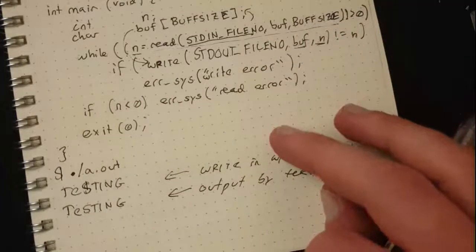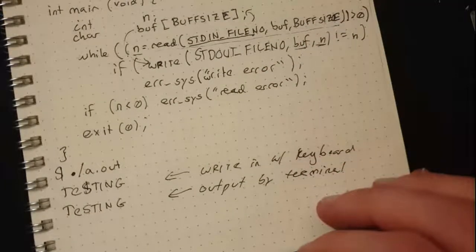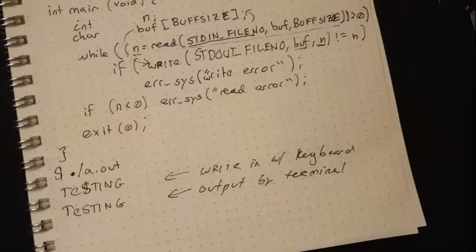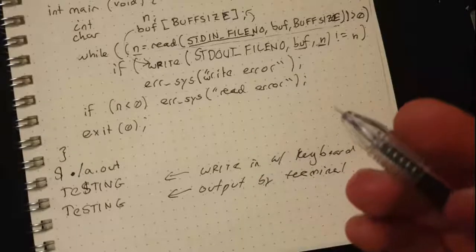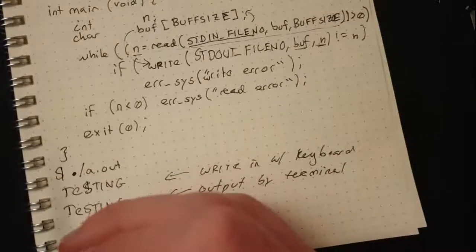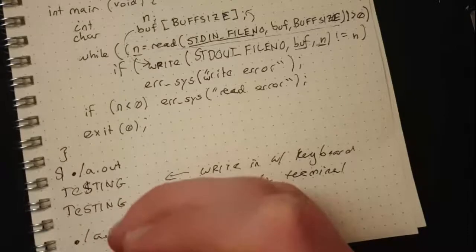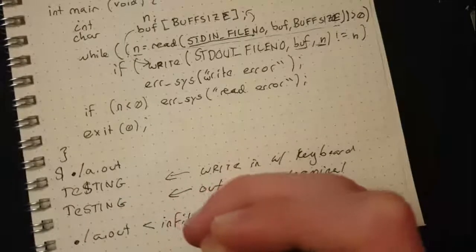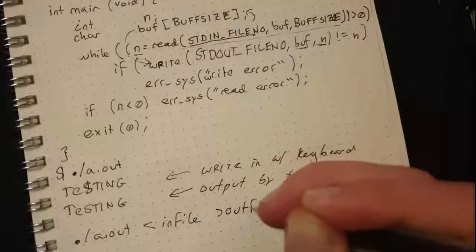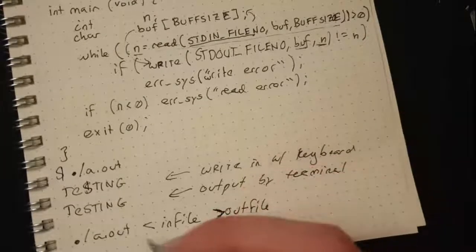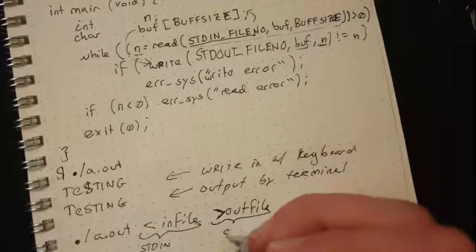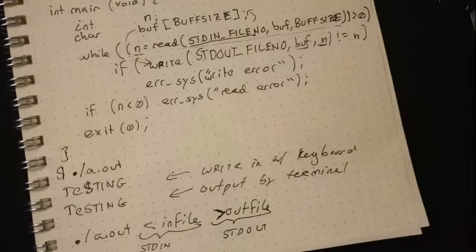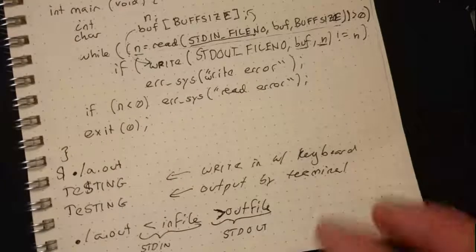You can also use this to append or write the output of one file to another file. So for example, ./a.out < infile > outfile, so stdin from infile to stdout, and this will just be copied to this file.